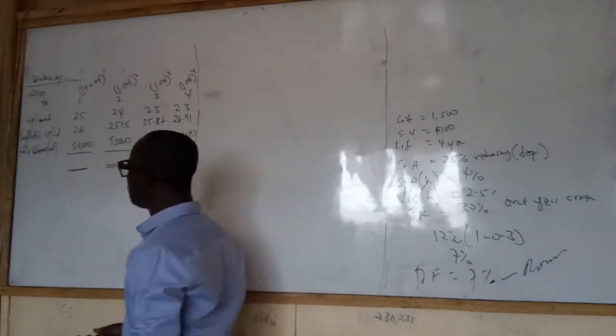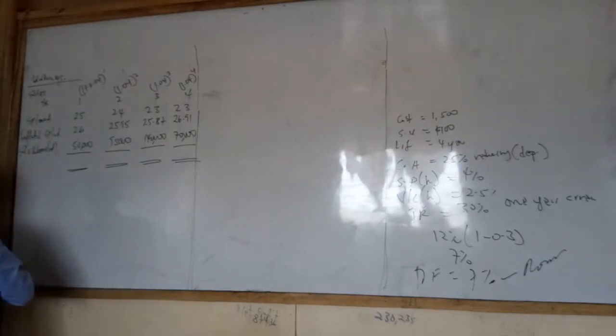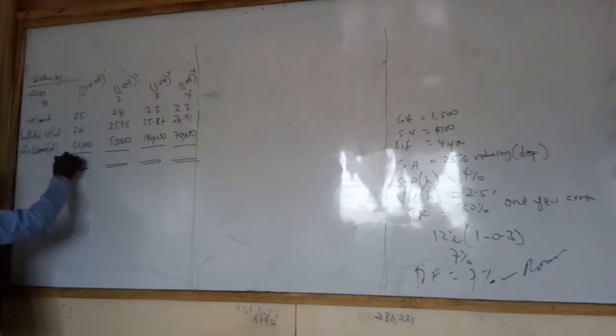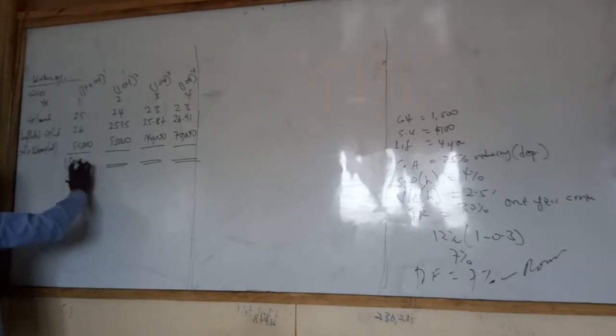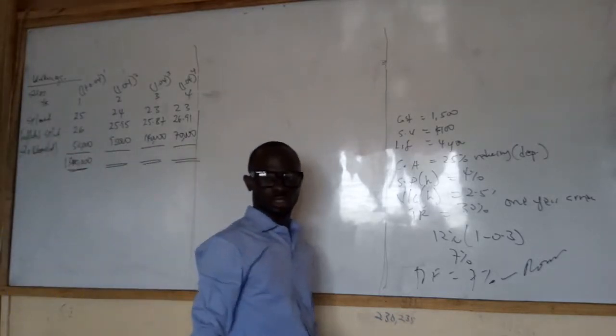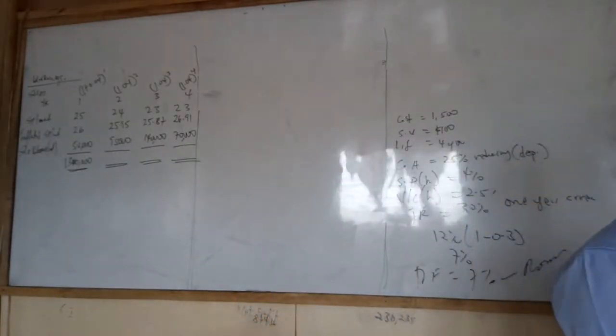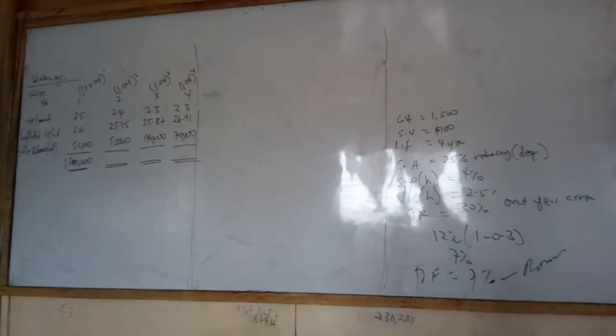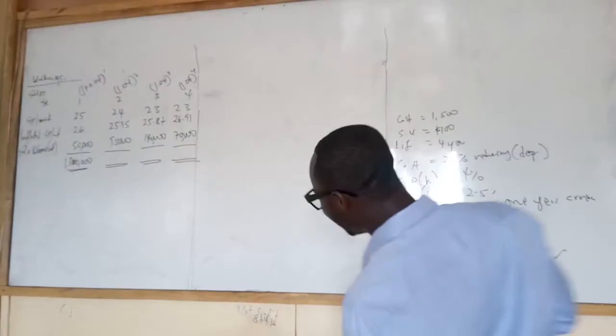So 26 by 50 gives 1,300,000. Then the next is 2,465,250.